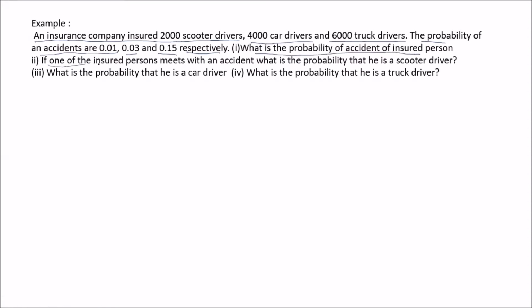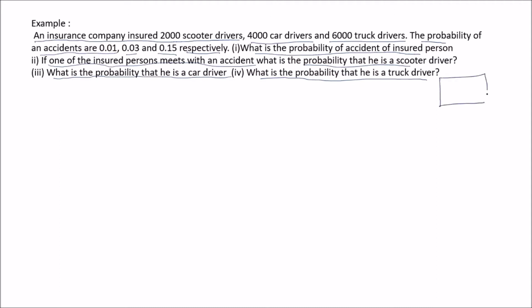Second, if one of the insured persons meets an accident, what is the probability that he is a scooter driver? A car driver? A truck driver? So it contains 4 parts, and if you understand all these 4 parts, you will understand the whole concept.